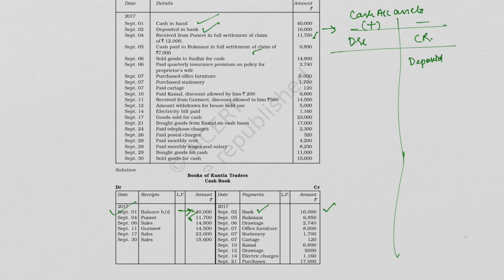Cash is going out, so a decrease in asset, it will be credited, to Rukmani 6850. Sold goods to Sudhir for cash. When we are selling the goods, cash is coming, so it will be debited, to sales. Paid quarterly insurance premium for proprietor's wife. Cash is going out, so it will be credited.